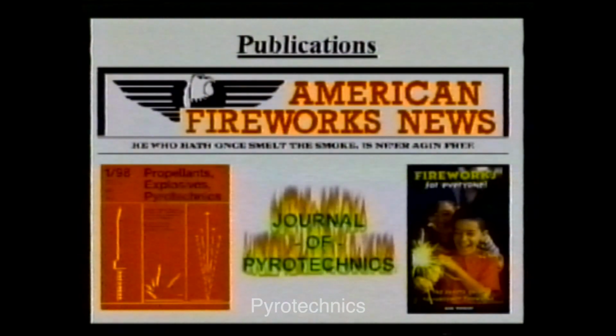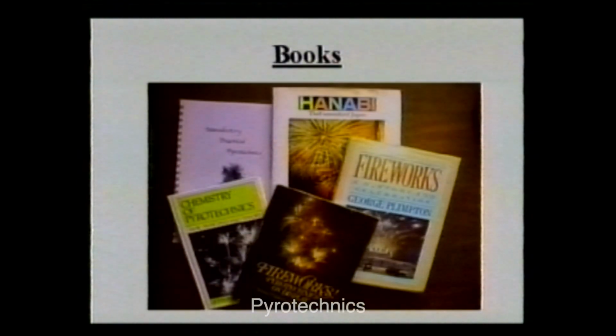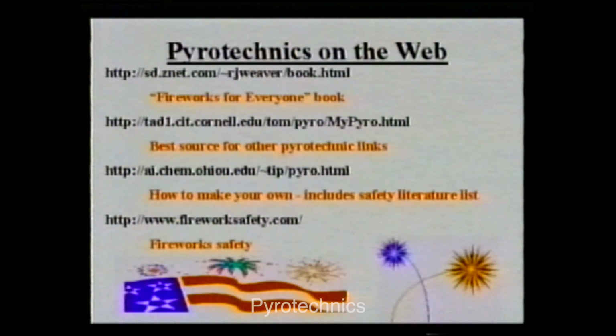There are a number of publications available if you'd like to read more about fireworks: American Fireworks News, the Journal of Pyrotechnics, and there's even a peer-reviewed journal called Propellants, Explosives, and Pyrotechnics. Some of these are available through the websites. There are a number of fireworks books available, some of them in our library, if you're interested in the chemistry of pyrotechnics or simply how fireworks are produced and shown.